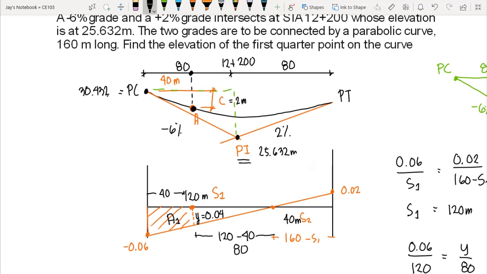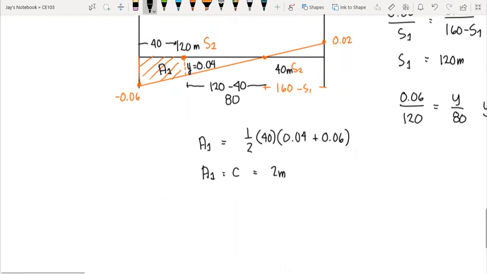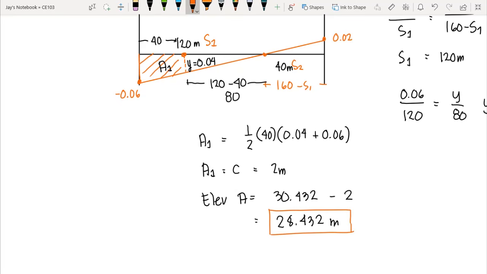To compute the elevation at A, we just subtract C, so the elevation of A is equal to the elevation of PC minus C. Correct? So the elevation of A is equal to 30.432 minus 2 meters. This would give us 28.432 meters. So this is now the answer for the elevation of point A.